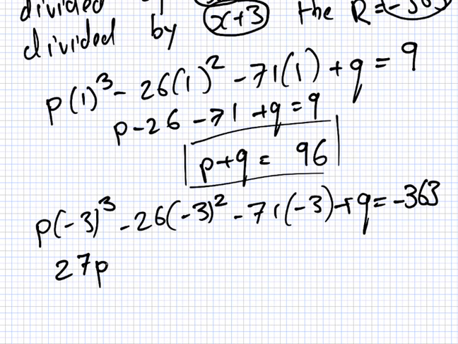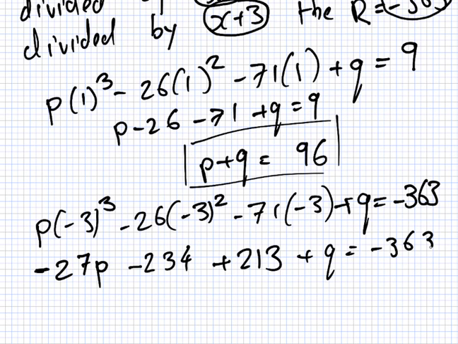Thank you, that would have been awkward later when I got the wrong answer. So minus 27p, and then here is minus 234 plus 213, I think, plus q equals minus 363.